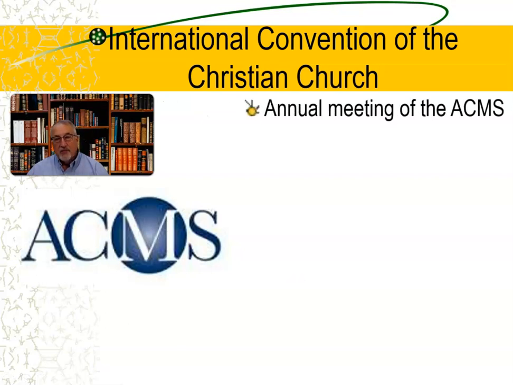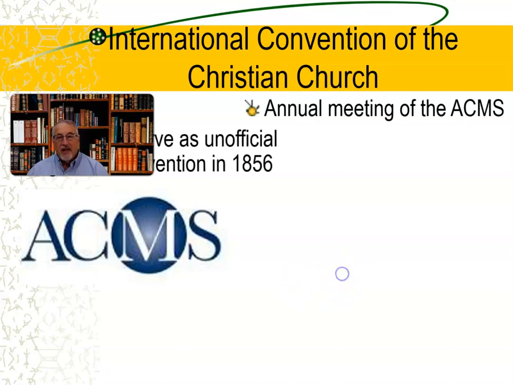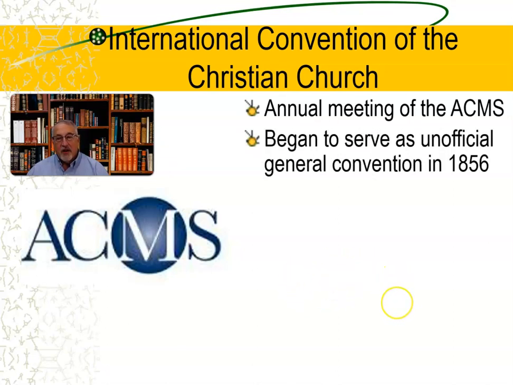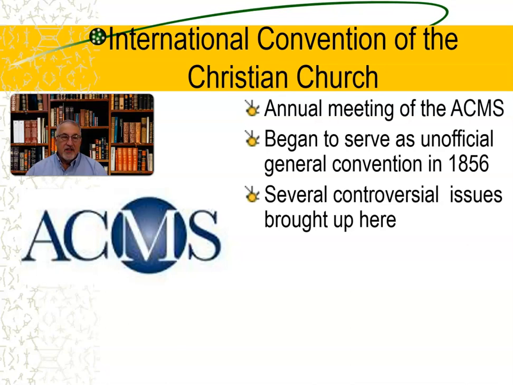At the annual meeting of the Christian Missionary Society, they will start to have, and this would sort of double as an unofficial general convention of all the churches, because they had representatives there from all the different states, many different congregations, and so forth. This began in 1856.